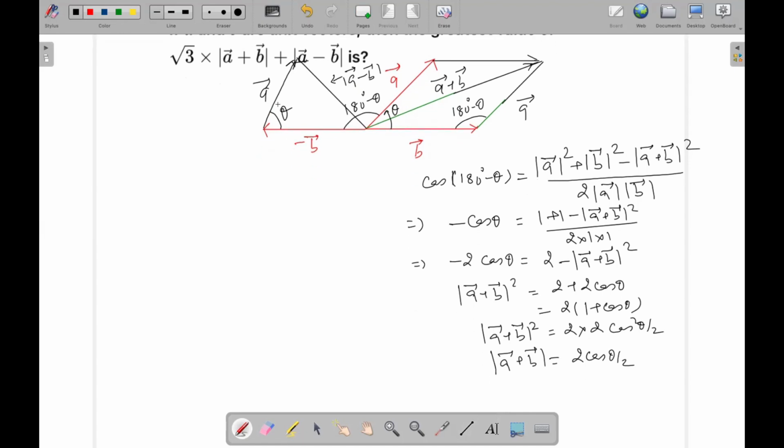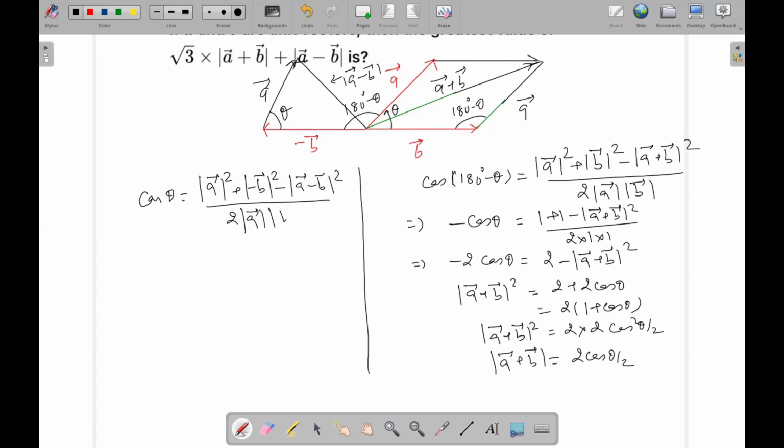So in this manner, I could say that cos theta is similarly going to be equal to magnitude of a squared plus magnitude of minus b squared minus magnitude of a minus b squared, upon 2 times magnitude of a into magnitude of minus b.